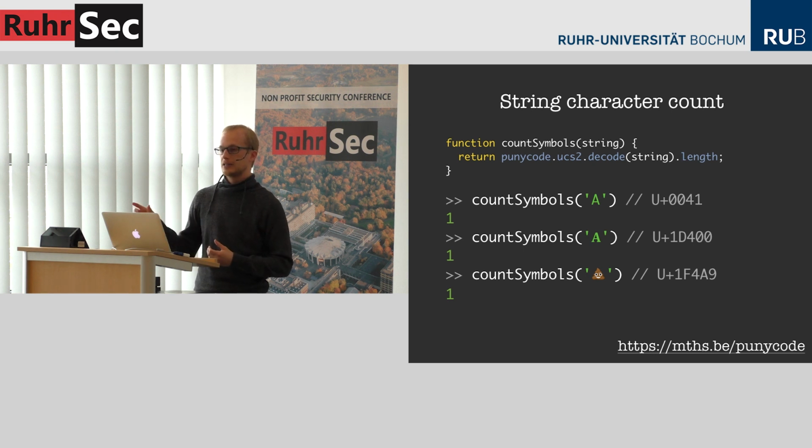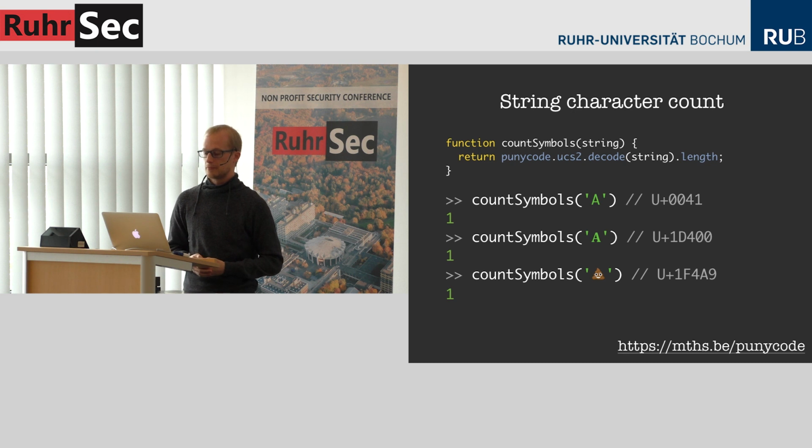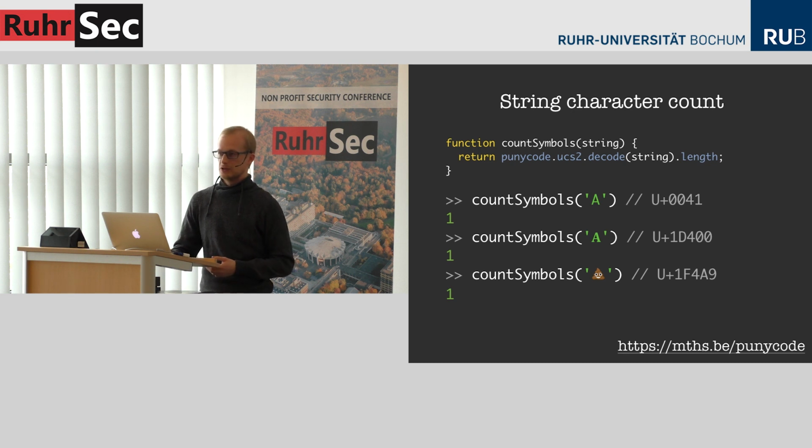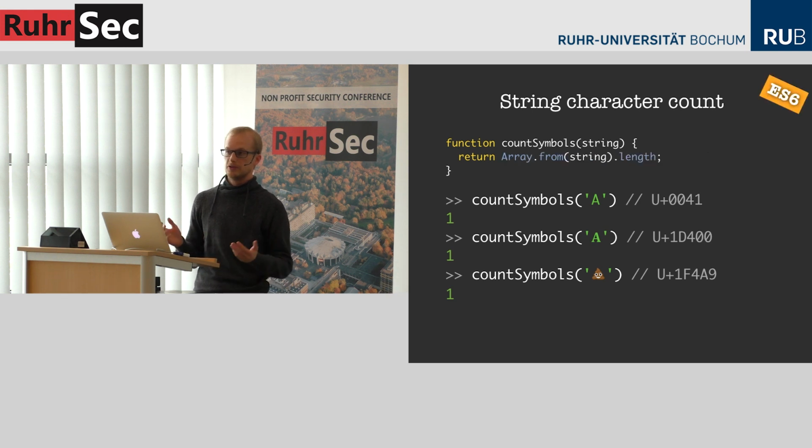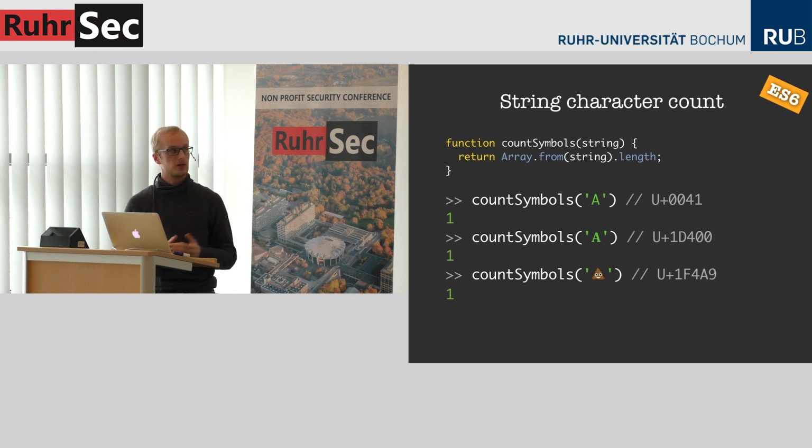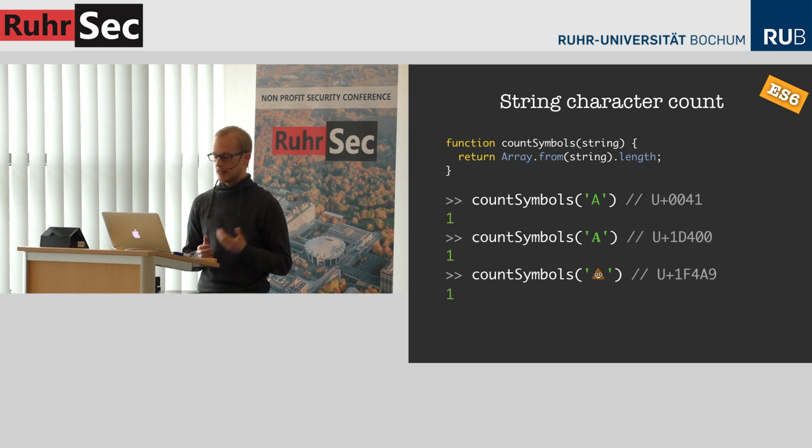So if you then get the length of the resulting array of code points, you will get a more accurate result than before. Of course, this solution is far from ideal, because now you've introduced a dependency just to be able to count the number of code points in a string. It really shouldn't be that hard. And for that reason, in ECMAScript 6, they added some new features that allow us to do this without the use of any libraries at all. You can use Array.from, pass in a string, and that will give you the same results.